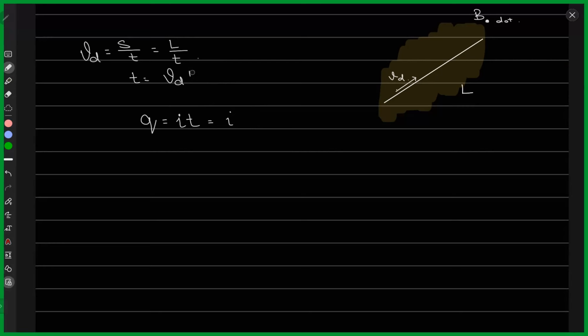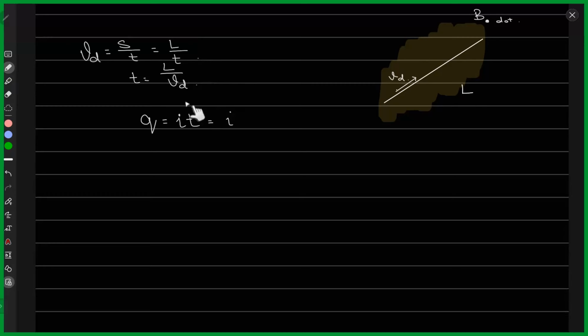Can you correct it? T is L by Vd. Are you following along? Yes, sir. Okay, so T is L by Vd.